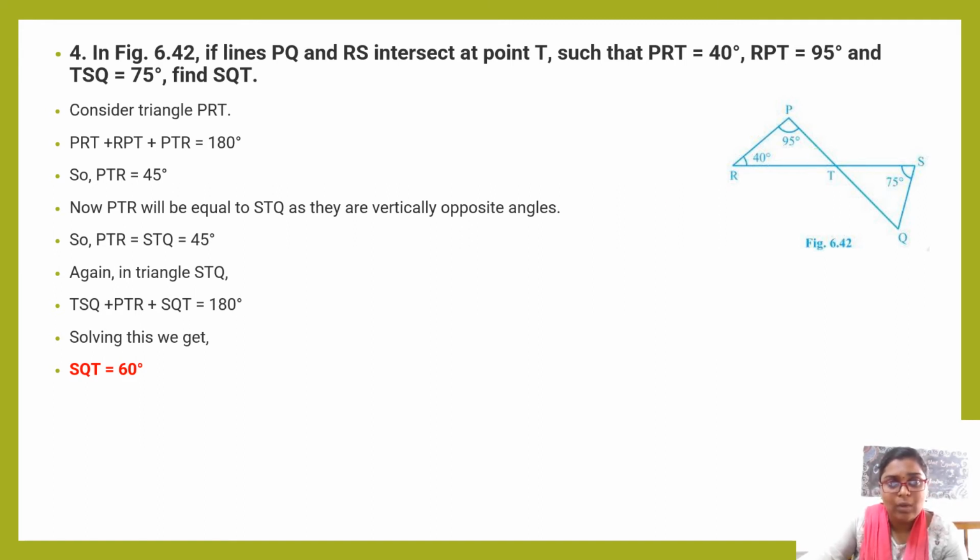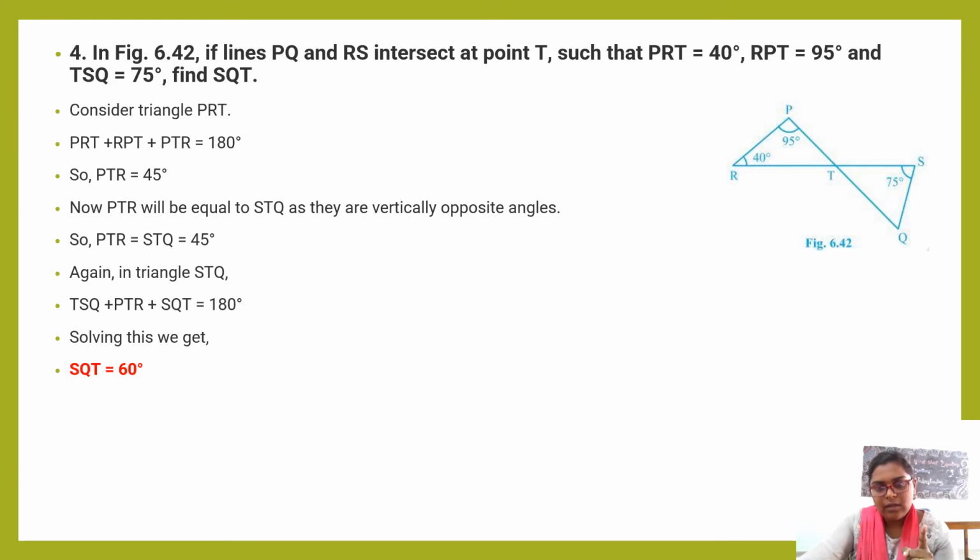So next thing, what is our question? We have to find SQT. Here SQT we have to find. So again consider this triangle STQ. Okay? So in this triangle, three angles are there. Two angles we know.